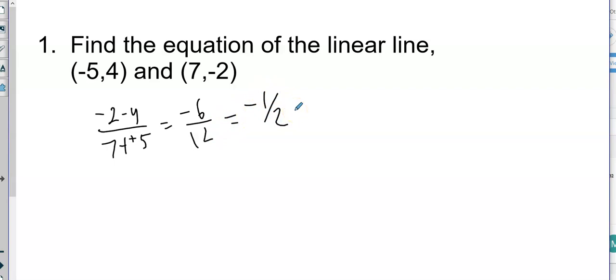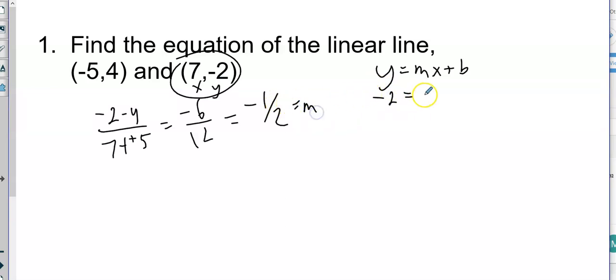To find the y-intercept, you can just use this. This is one way of doing it. y equals mx plus b. Right, so we're going to plug in, pick one of the points. I'm going to choose this point. So x and y will be 7 and -2. And we get -2 equals -7/2 plus b.